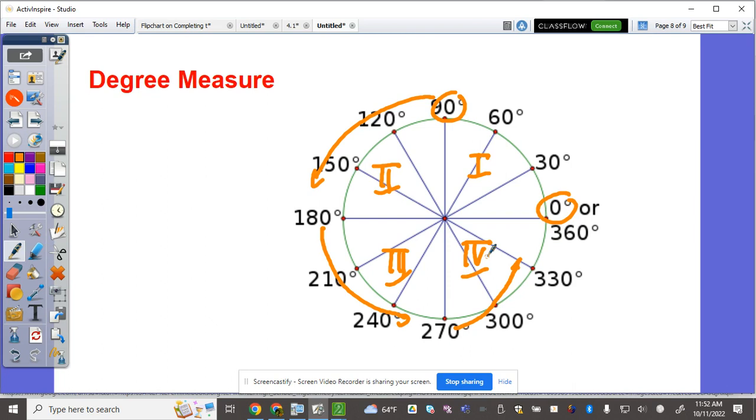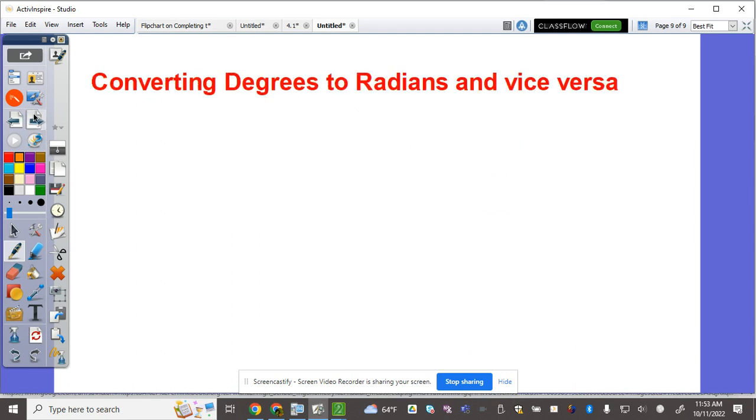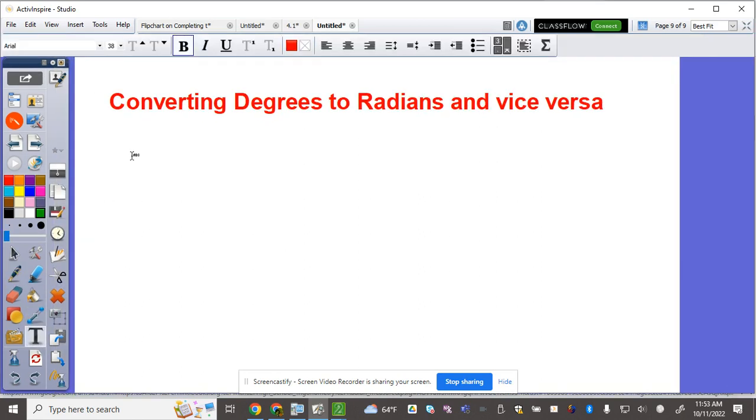Another thing that we have to learn here is that the two ways to measure angles, degrees and radians, are equal, just a different representation. So today we're going to learn how to convert degrees to radians.